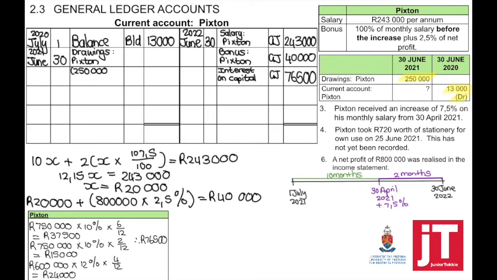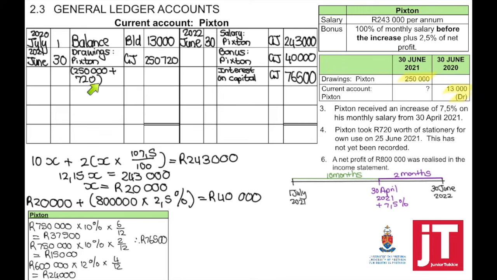But now we also need to look at, was there any additional drawings during this accounting period? So if we look at the information given, point number 4, Pixton took 720 worth of stationery for own use on 25th of June. This has not yet been recorded.